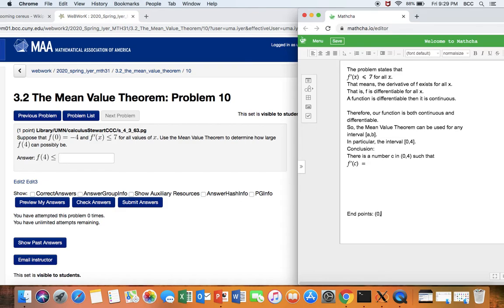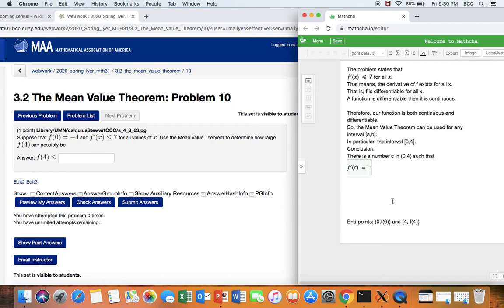Well, one is 0, f at 0, and the other is 4, f at 4. f at 0 we are being told is -4. f at 4 we want to estimate. So the mean value theorem says there is a number c such that the derivative is equal to the slope of the line joining these two points.